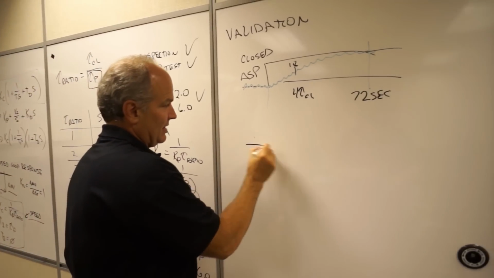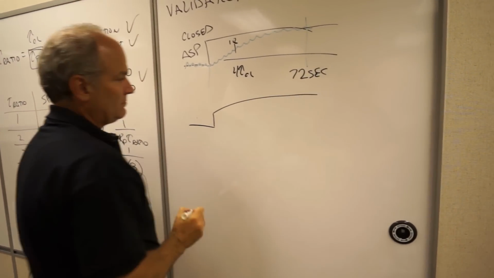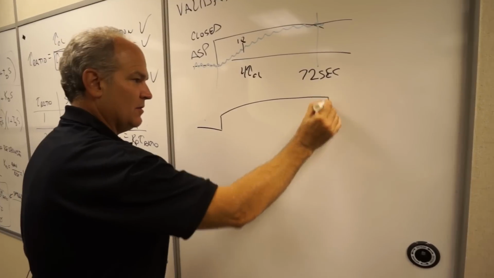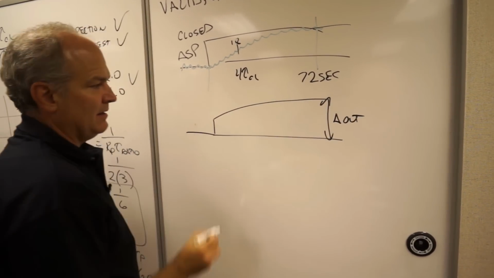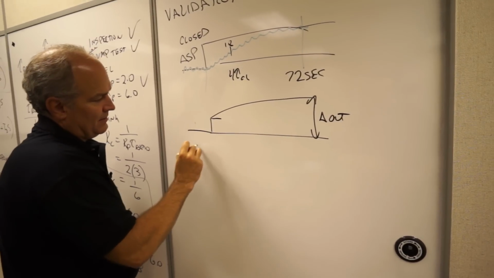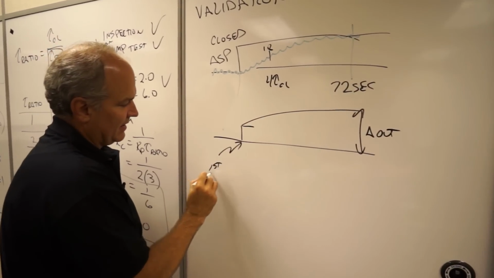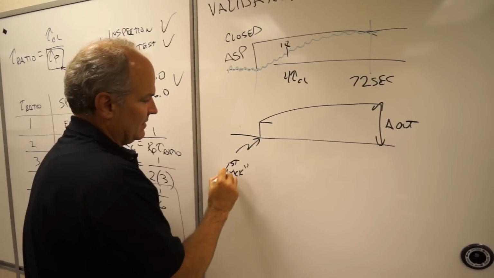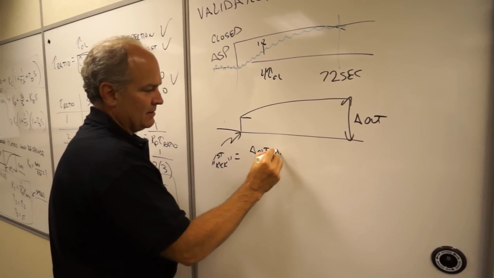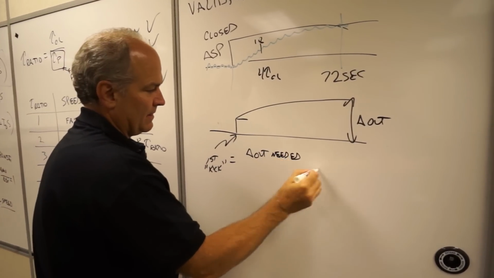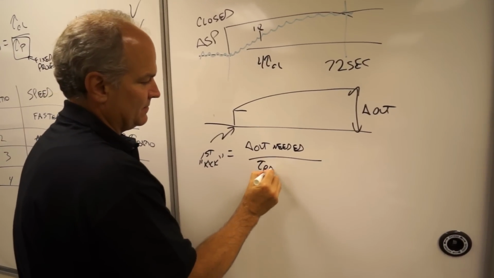The other neat little thing is the output. This is the total change needed. This is the change in the output needed. This first step, this first kick, if you will, equals the total output needed divided by your tau ratio.